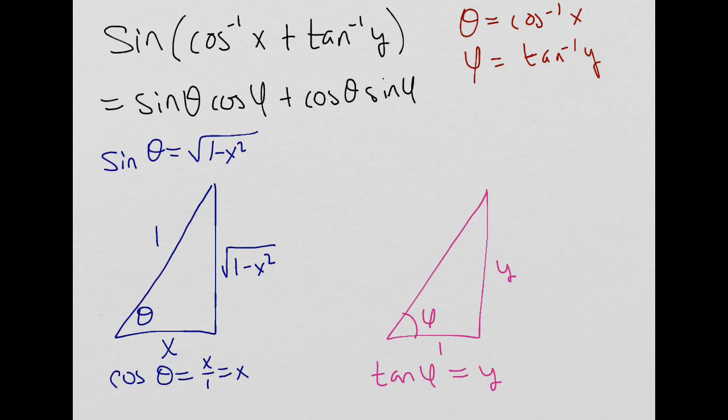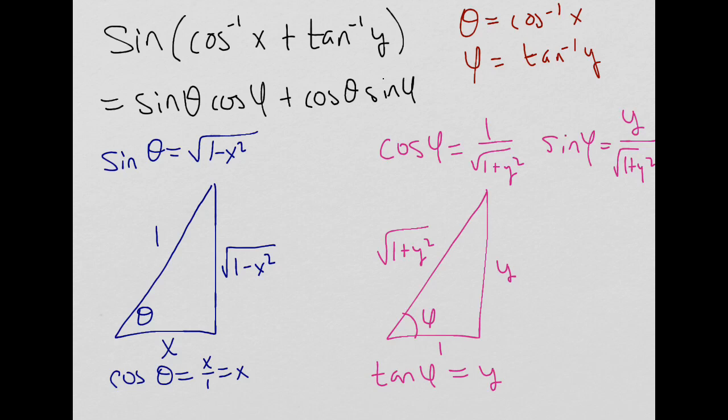Go ahead and solve for the hypotenuse to get the square root of 1 plus y squared on the hypotenuse. And then we have cosine of phi, 1 over square root 1 plus y squared, and sine of phi, y over square root 1 plus y squared.